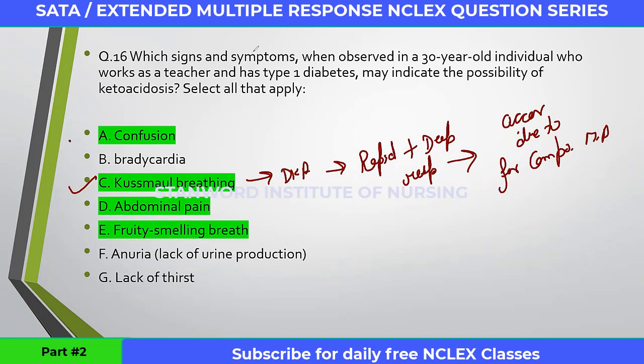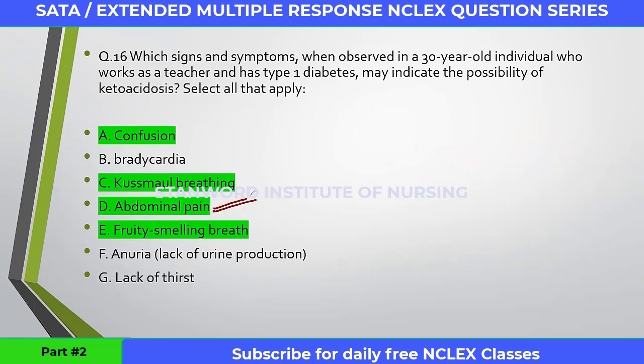Next is abdominal pain. I have explained you about stomach pain, abdominal pain, because it directly affects metabolism sites like the liver here. So pain will occur in the individual's stomach or abdomen. And next is fruity smell of the breath, which we can call acetone breath. How does it occur?